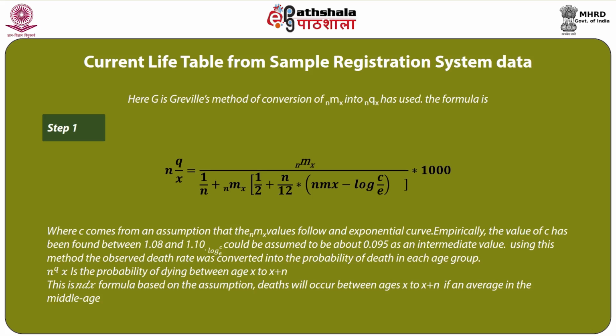Using this method, the observed death rate was converted into the probability of death in each age group. NQX is the probability of dying between age x to x plus n. This is NDX formula based on the assumption deaths will occur between ages x to x plus n if on an average in the middle age.